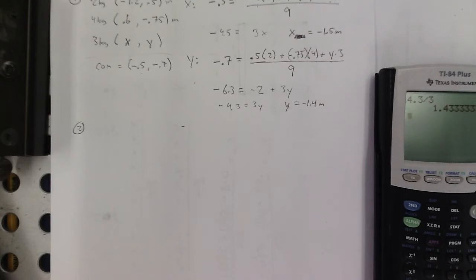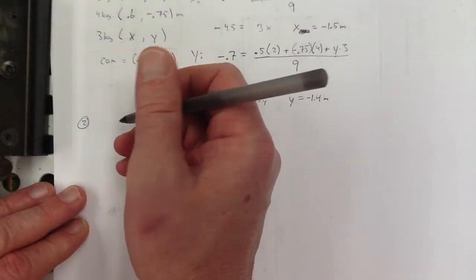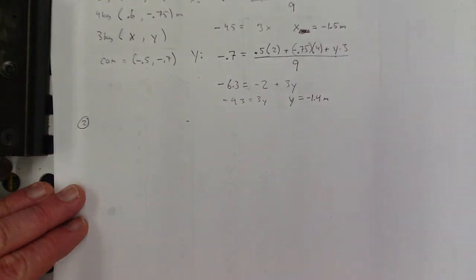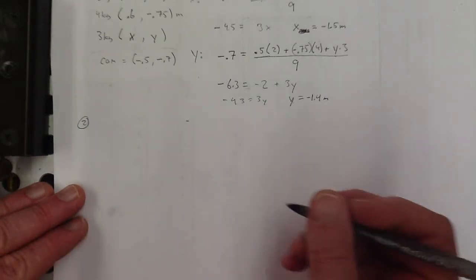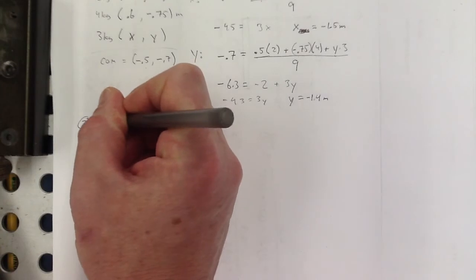Figure 2, here we go. Just finding the center of mass. Okay, so this little graph, they give us the scaling. It's just scaled by 1, so everything is what it looks like. So I'll just write down this info.